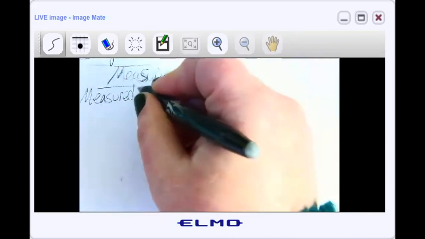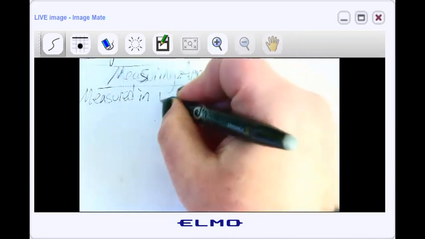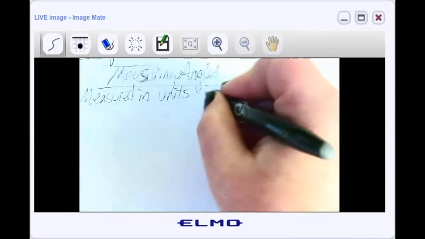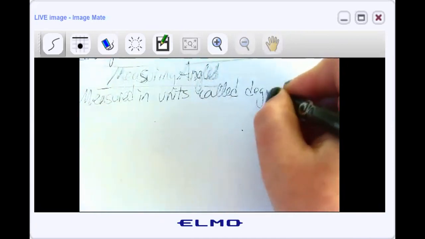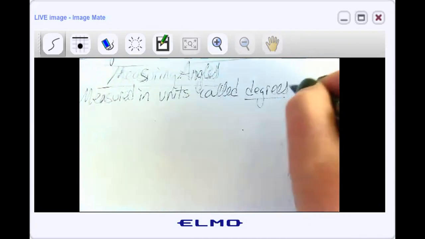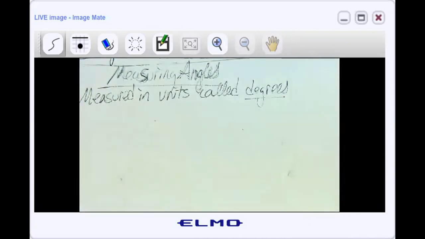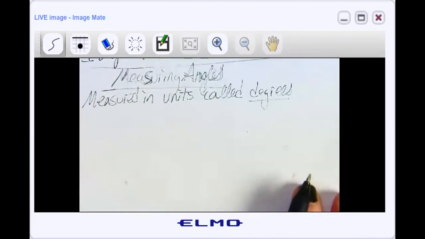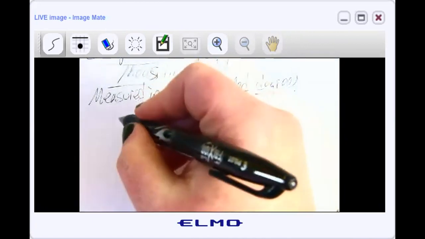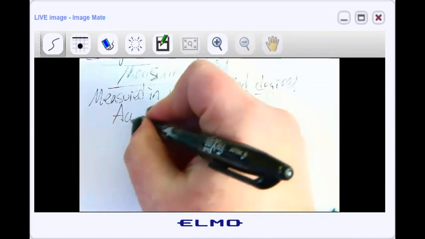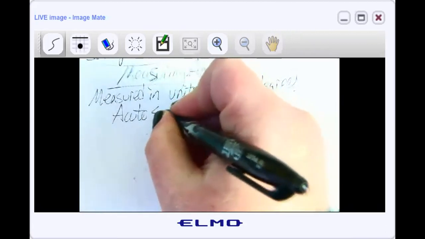So I already mentioned that angles are going to be measured in units called degrees. So it's just a unit of measurement, just like inches or feet, but we use degrees. And I'm sure you remember that an acute angle does what?